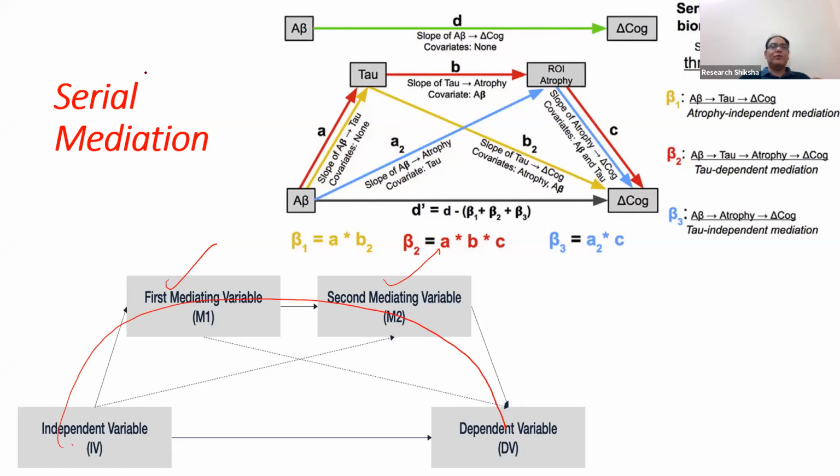Because the two mediating variables come in serial, first and second, and this effect is also significant, it means the second mediating variable is also affected by the first mediating variable. When one mediator is affected by another mediator in the diagram, this is called serial mediation.